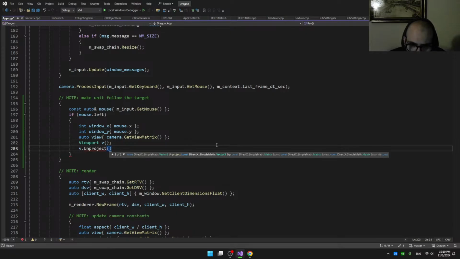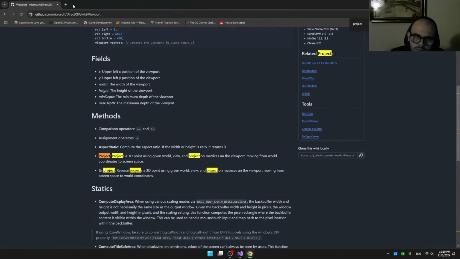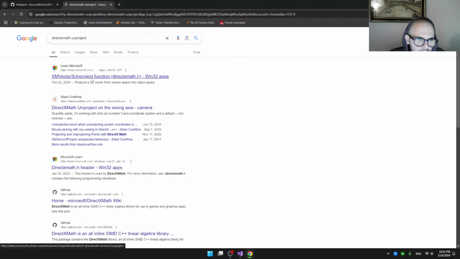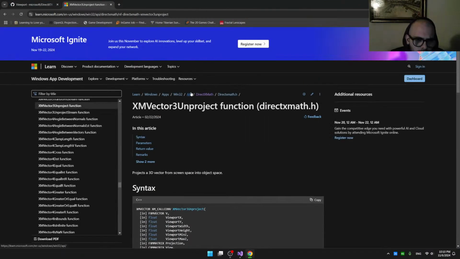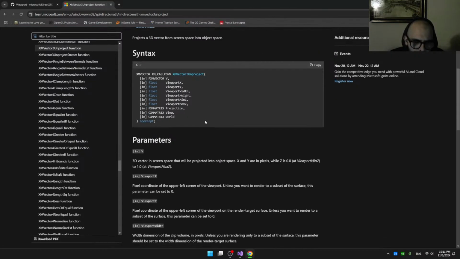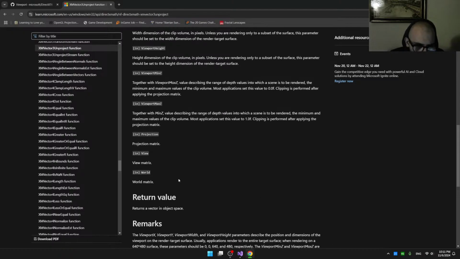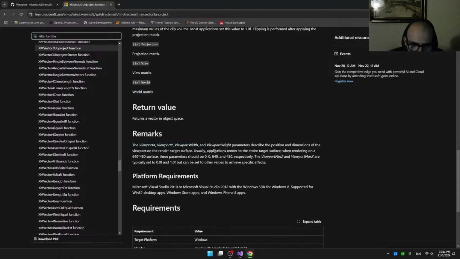So I take the up, the projection, the view, and the world. The world matrix. The view. Describe the position of the viewport.